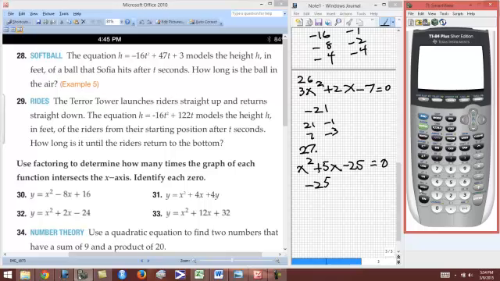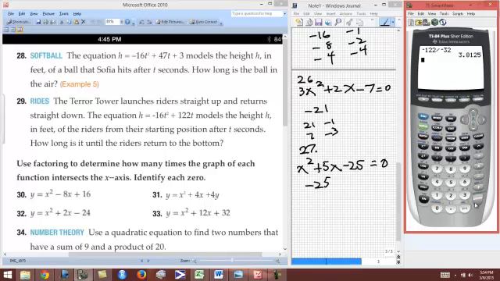The vertex is going to equal minus b over 2a. B is 122. C is 0. The initial position is 0, so the thing starts on the ground. So we're going to do minus 122 divided by, oops, I forgot my second 2, divided by negative 32. That's the top. That's how many seconds it takes to reach the top of the Tower of Terror.